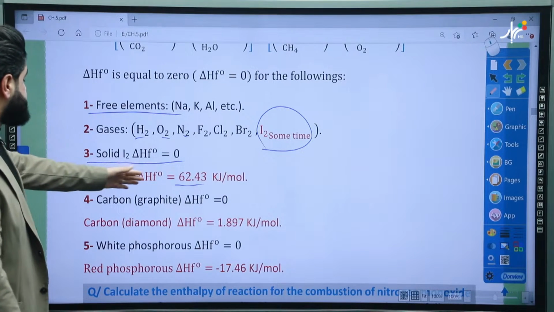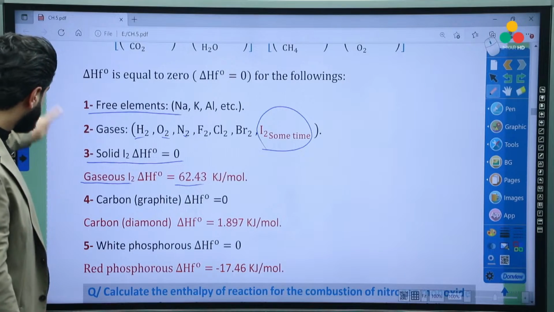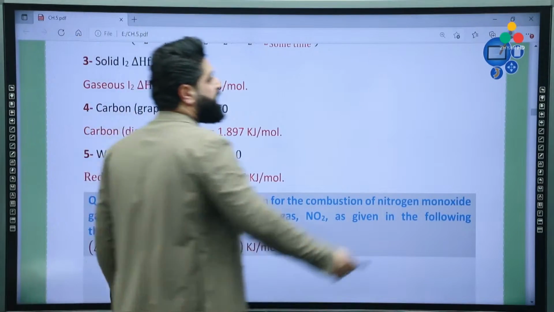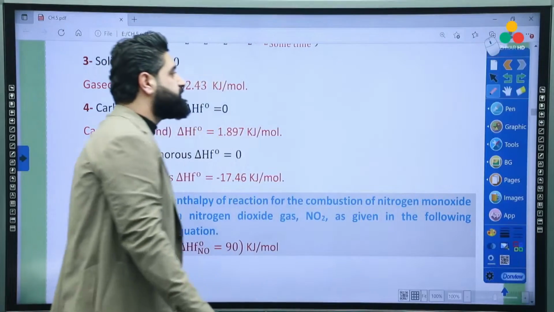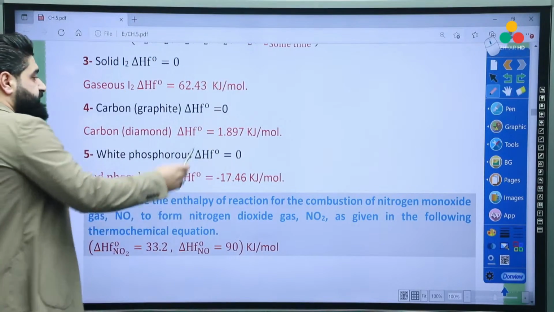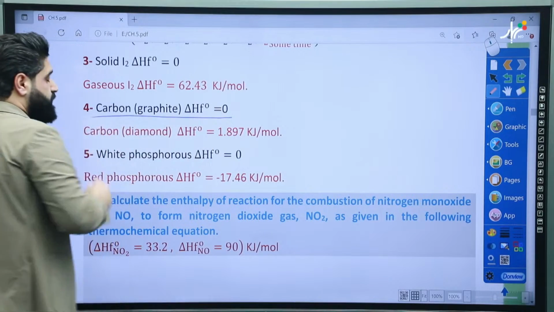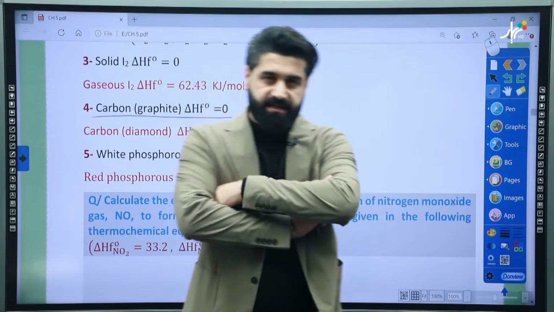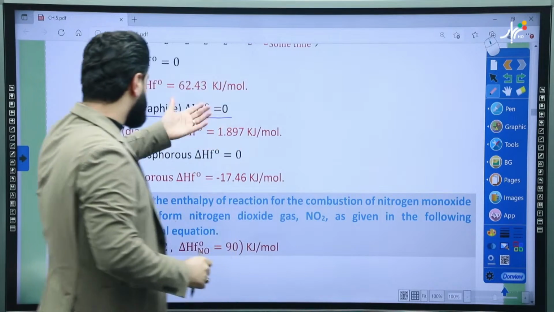You don't have to memorize this number. And for carbon, we have two different forms of carbon, graphite and diamond. For graphite, delta HF is 0. Well, if we compare graphite to diamond, graphite is useless. That's why we will put 0.